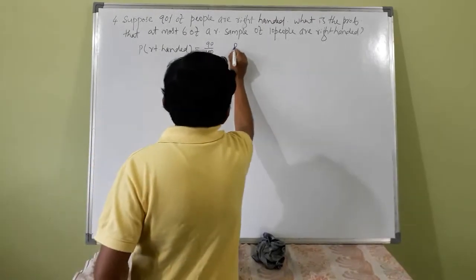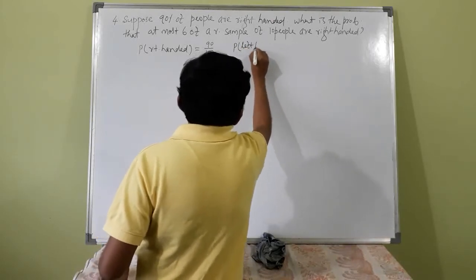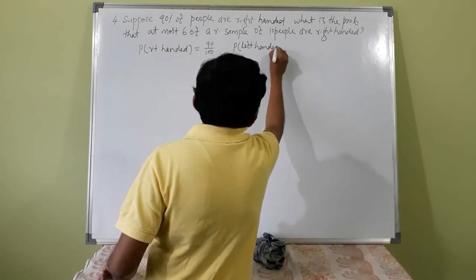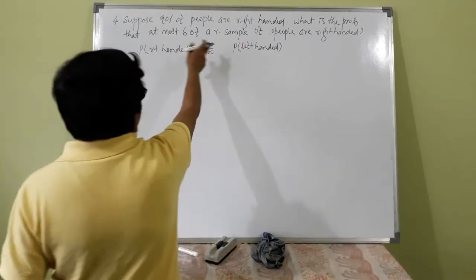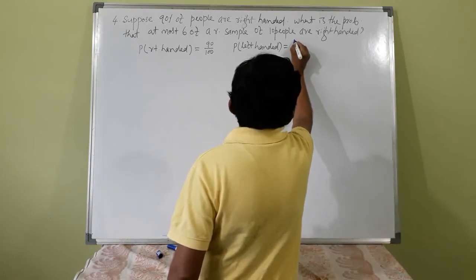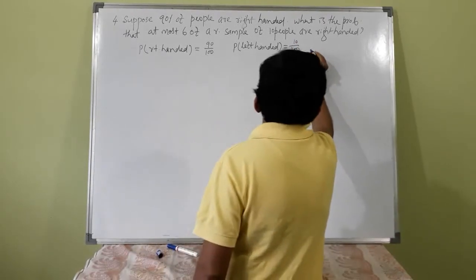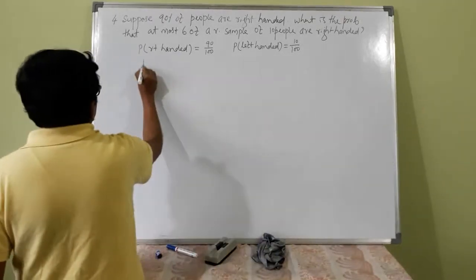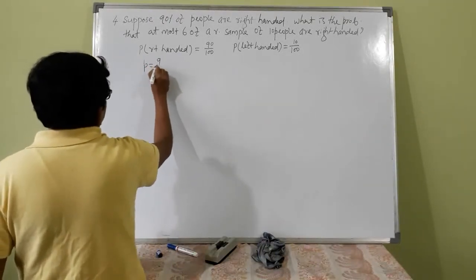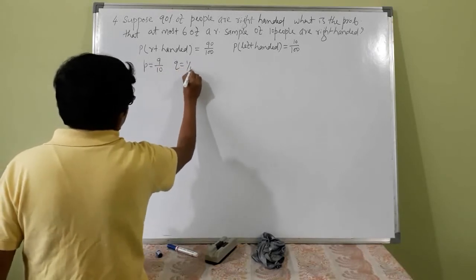So probability of left-handed is the complement, because there are only 2 types, no other category, that is 10 by 100. And here p is 9 by 10 and q is 1 by 10.